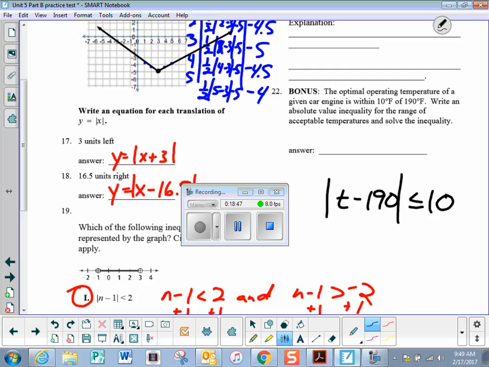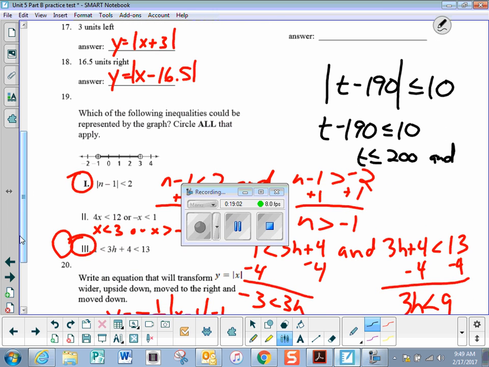So you would get T minus 190 is less than or equal to 10. You get T is less than or equal to 200, and then T minus 190 is greater than or equal to negative 10. So you get T is greater than or equal to 180. So it's going to be anywhere between 180 and 200, including 180 and 200.